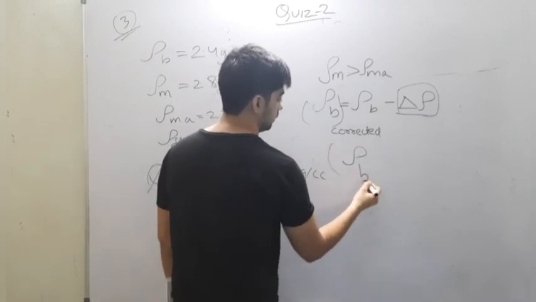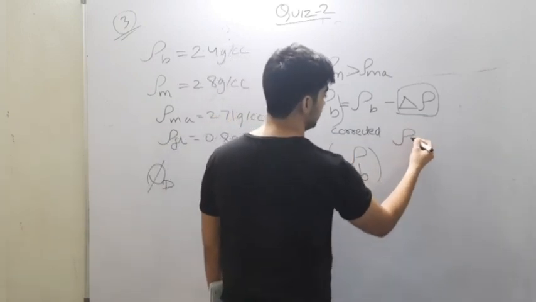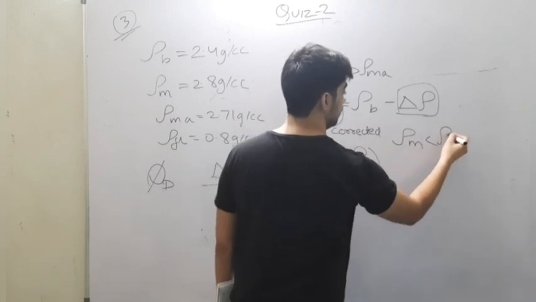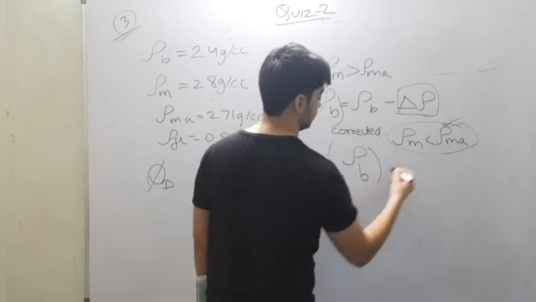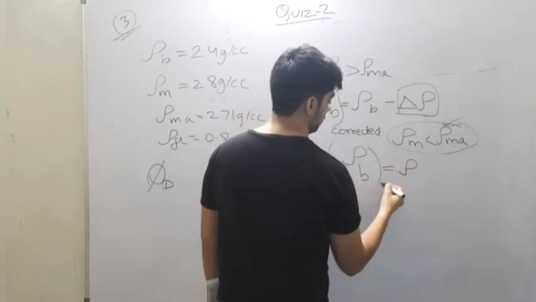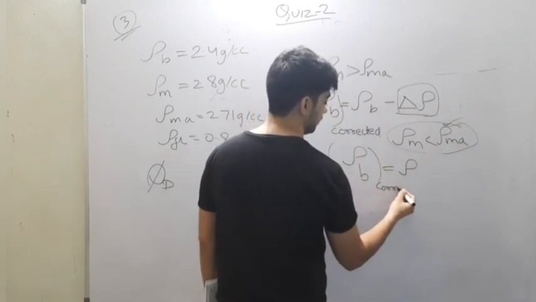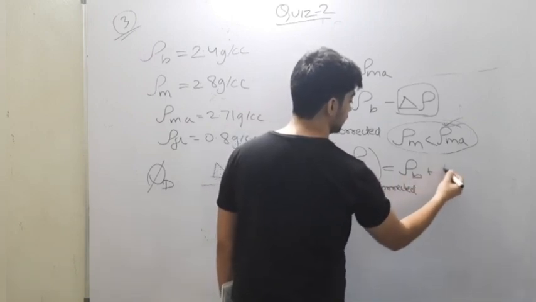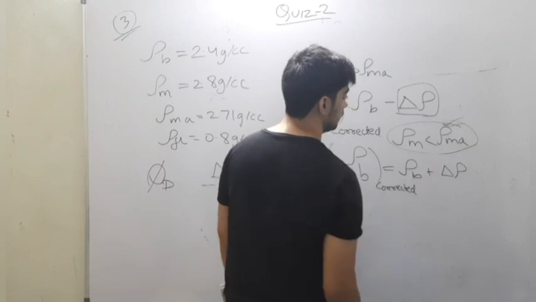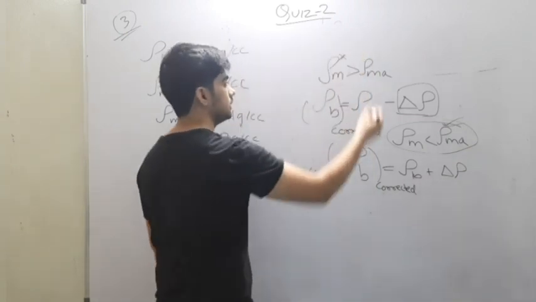And if the density of mud is less than the density of matrix, which is the usual case, in this case corrected rho b will be equal to rho b plus the correction factor. So I think we have seen this.